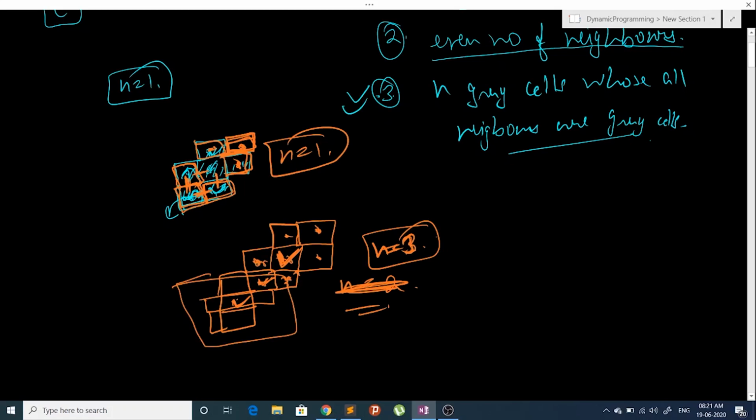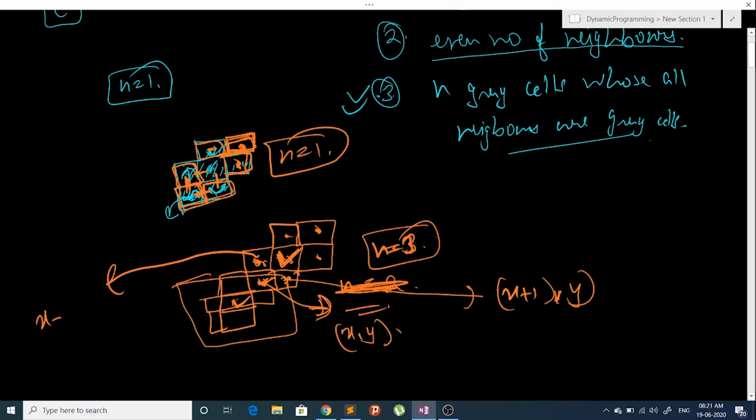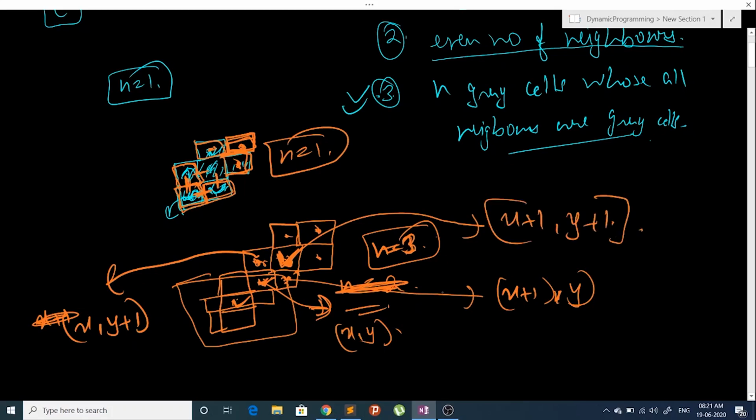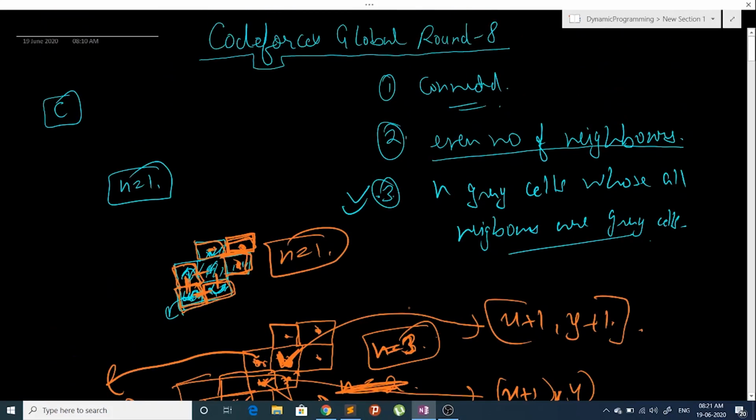If this point is, let's say, x comma y, then this point should be x plus 1 comma y, and this point should be x comma y plus 1, and this point should be x plus 1 comma y plus 1. So I can extend my solution like this. So this is the solution for C.